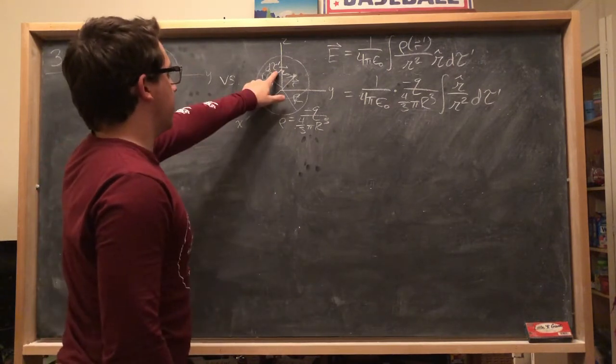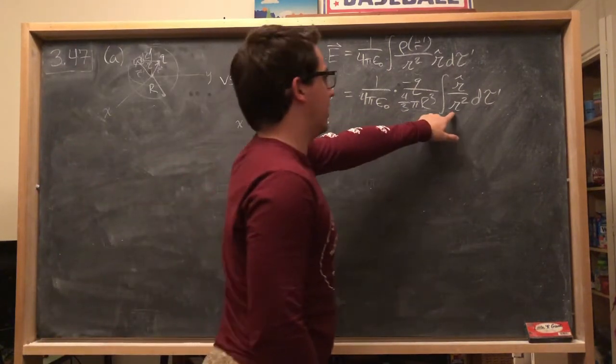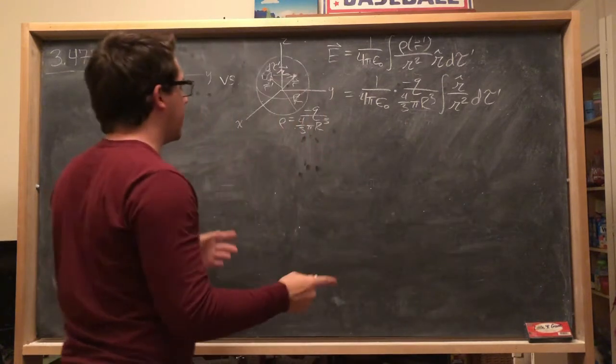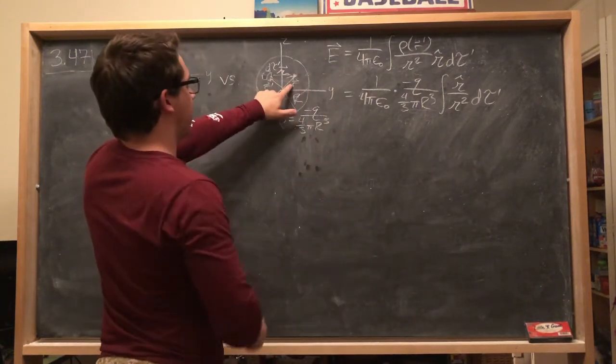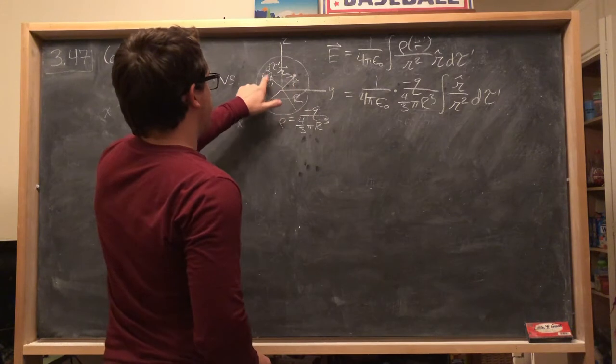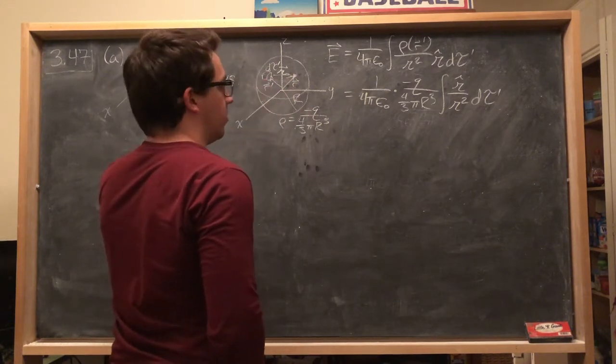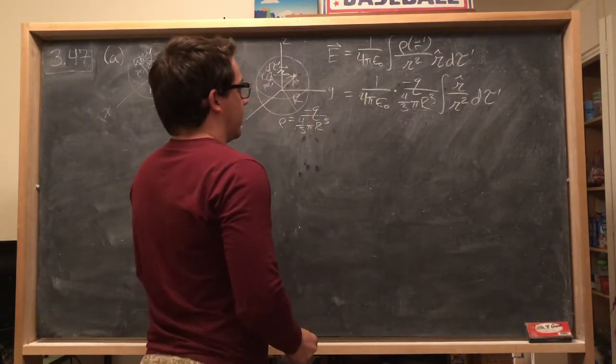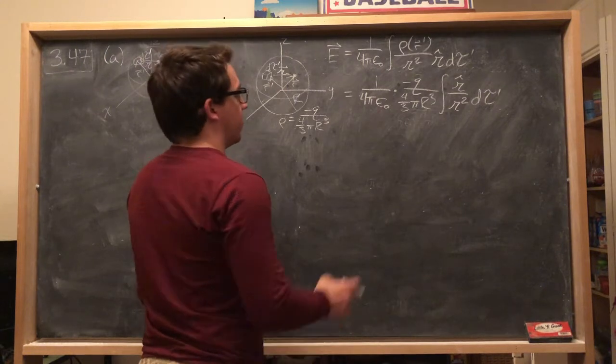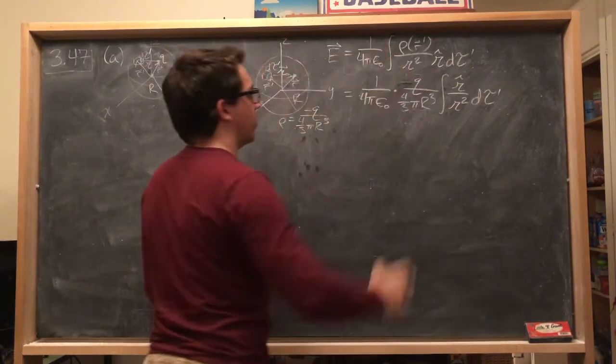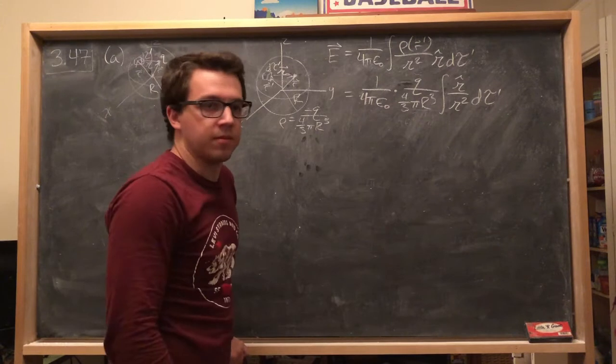Because if we take the negative of this script r, then it would give us the vector pointing from this location r to our element of volume d tau. And so with that in mind, we could just take out that negative.